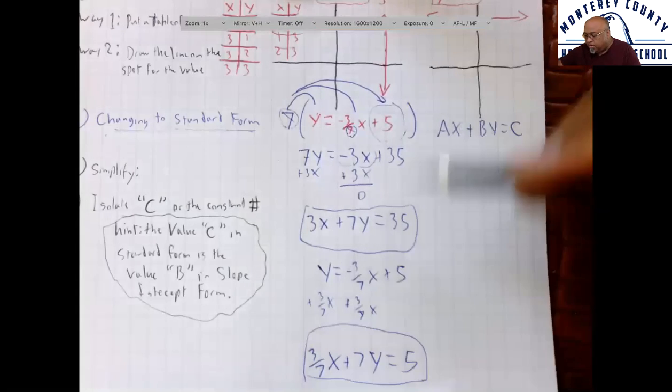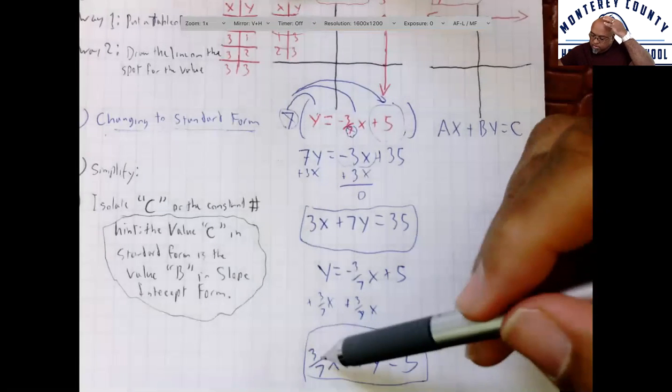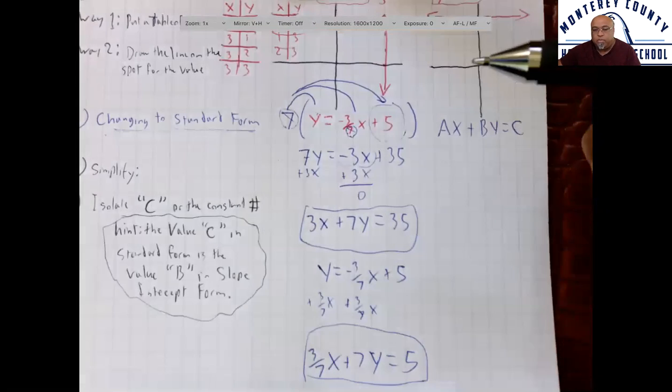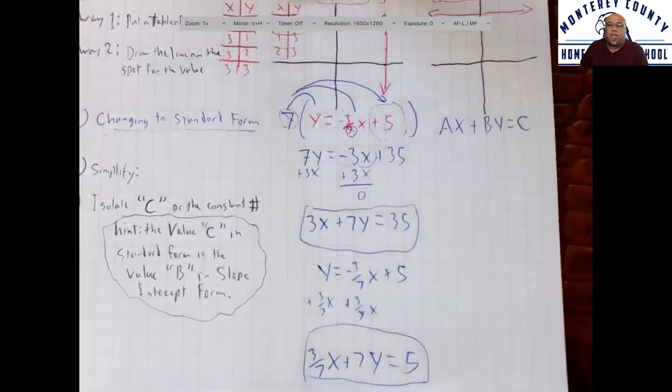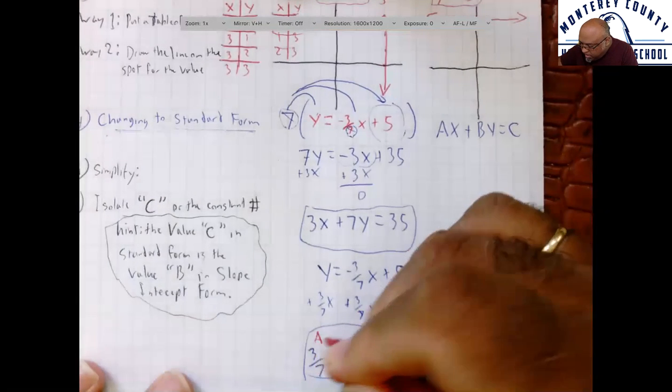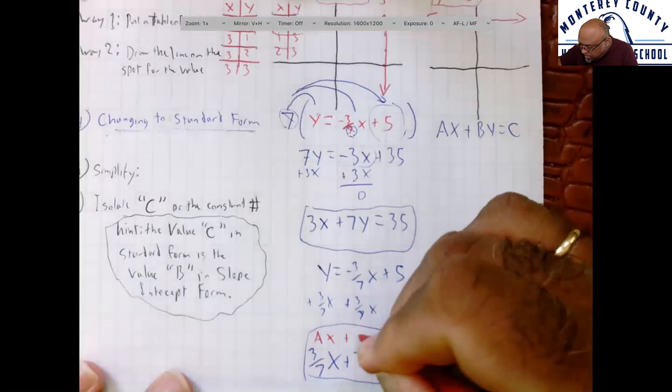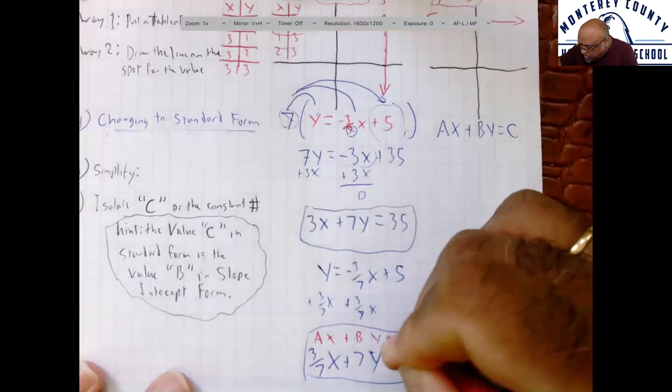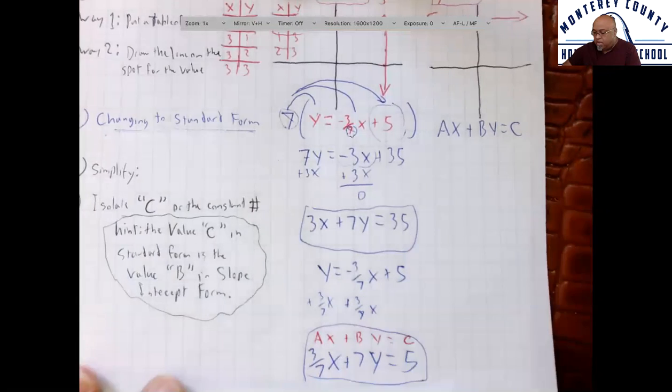The problem with standard form here is you still have this annoying fraction, okay? But it doesn't say that it has to not be a fraction in order to be in standard form, because I would still have the form ax plus by equals c, okay?